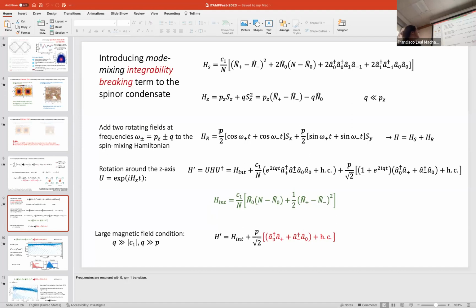You can see here, by just tuning the amplitude of the rotating fields at these frequencies, we can... Yes, so this is the field in the SX and SY dimensions indeed.